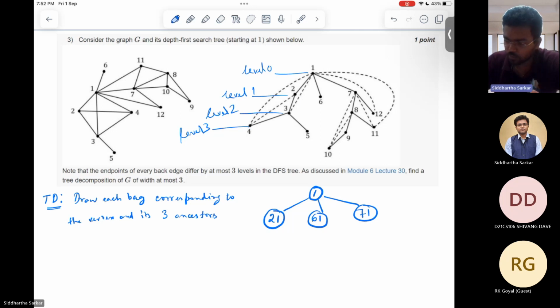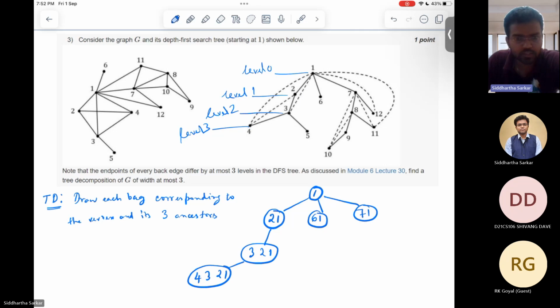Now three is there. Three's ancestor is two one. And six has no descendants. Again, four's ancestor is three two one.